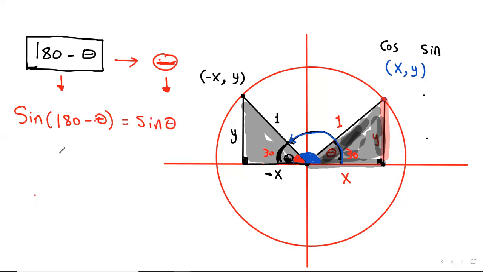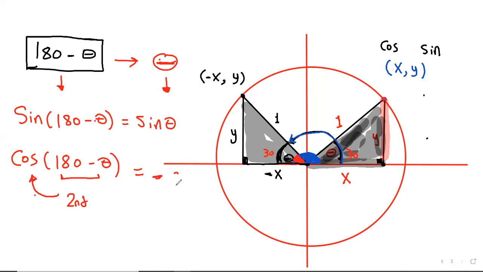What about cosine 180 minus theta? Cosine 180 minus theta is the same as cosine theta, but the difference between them is the sign, because 180 minus theta lies in the second quadrant. And the cosine in the second quadrant is not positive, it's negative.